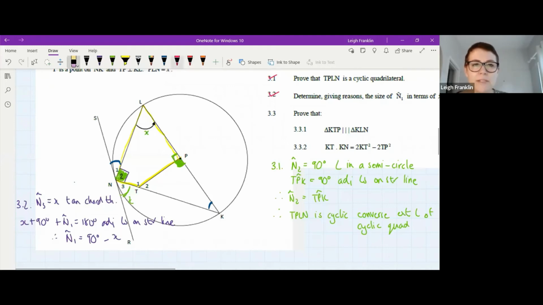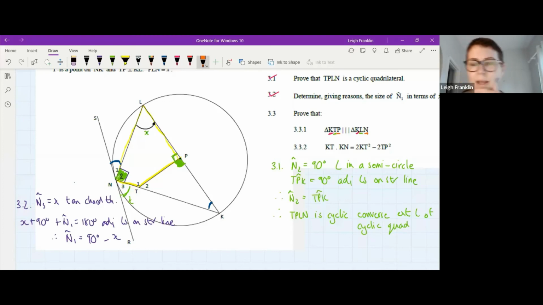They are telling us that angle K and angle K are equal, angle T and angle L are equal, and angle P and angle N are equal. We just need to figure out the reasons. And that means that KT corresponds with KL, TP corresponds with LN, and KP corresponds with KN, but we'll get to that just now.